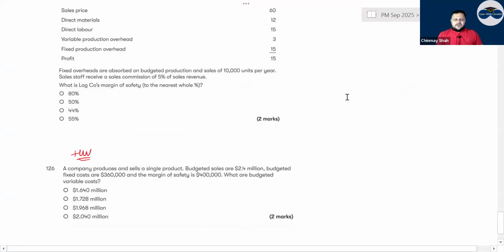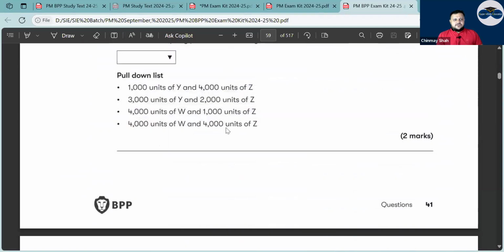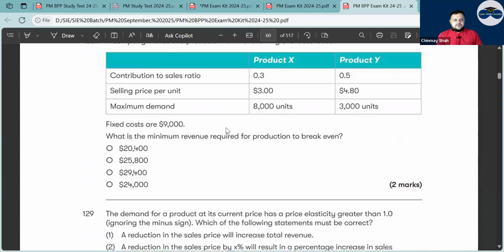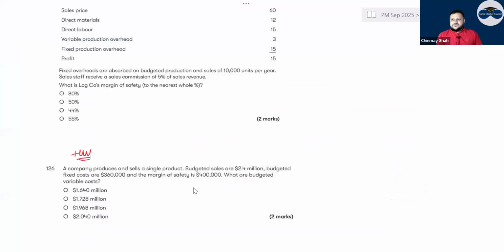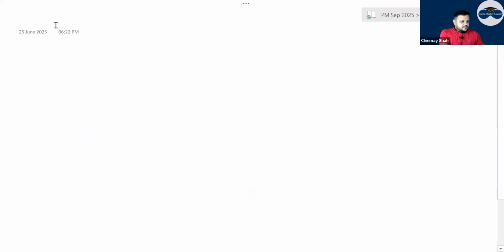Okay, as of now at least you can do so many questions I have given you. Minimum revenue required to break even. Now write a heading. We are going to do it tomorrow whichever way. Multi-product BP.